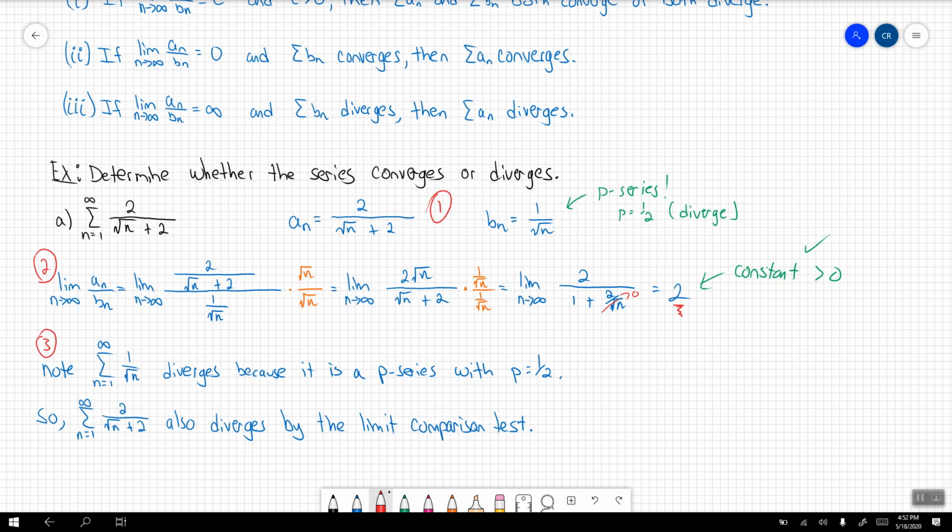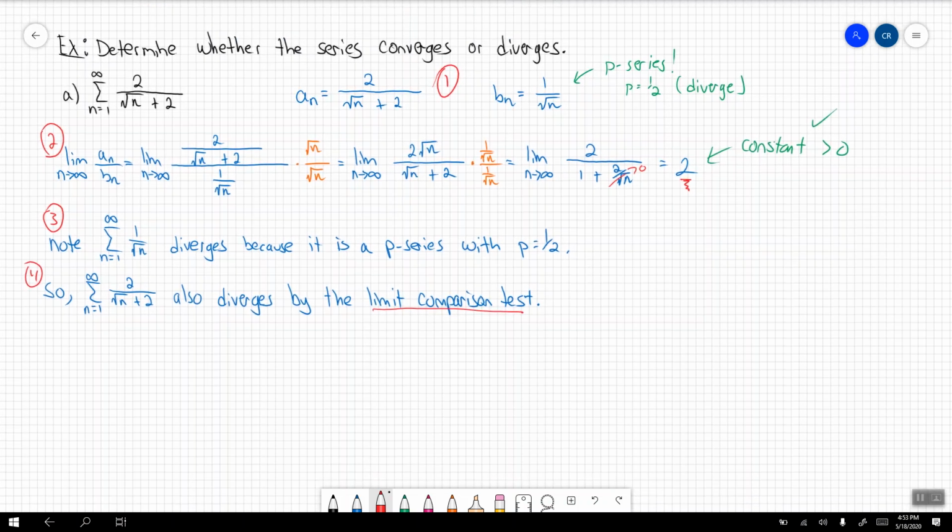Once you find that, we can then say, hey, the series that we then chose, that b sub n, is either going to diverge or converge. And because that diverges or converges, then we can say, using the limit comparison test, based off of this result, this will also diverge or converge. All right, so that's what I'm looking for, those four things.